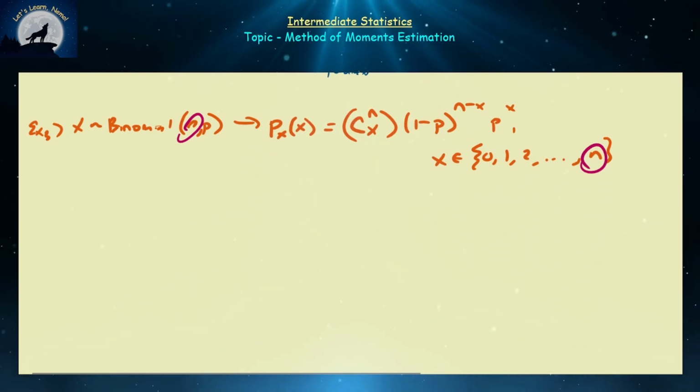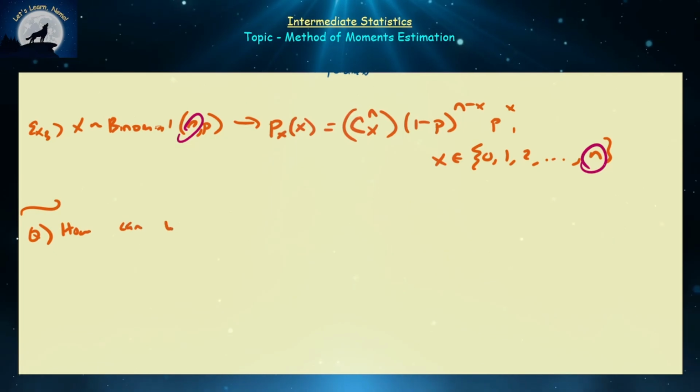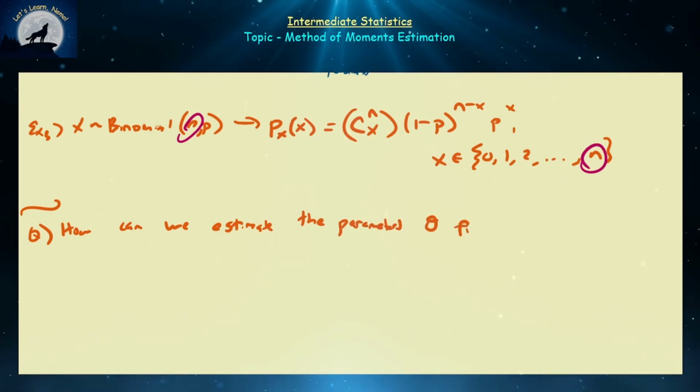All right. So a question that we're going to answer is how can we estimate the parameters, let's call them theta, for p_x, or f_x in the case of continuous.